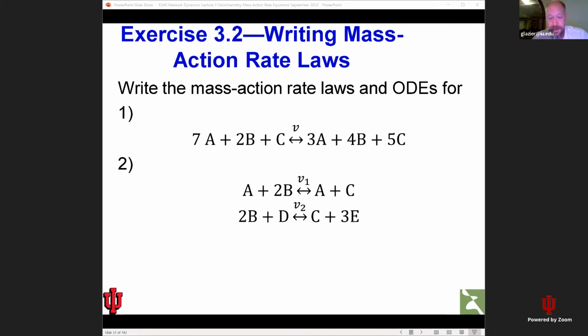Oh, hold on. 4, thank you, times the forward one. I need to put the order backwards. The backward one minus the forward one. How about that?